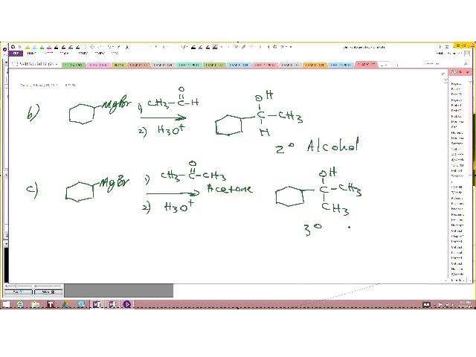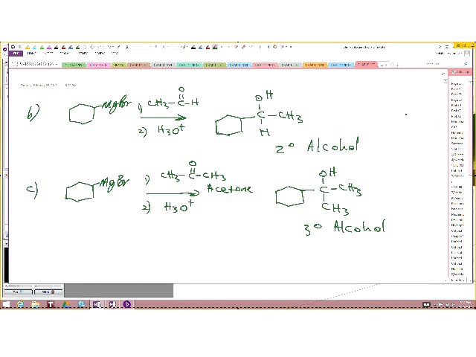Very good. Also you should be able to write the mechanism for that reaction. It's similar to the mechanism I gave you for the reaction with formaldehyde.